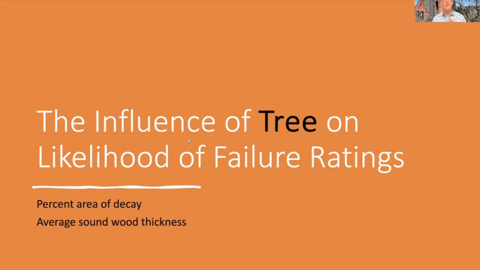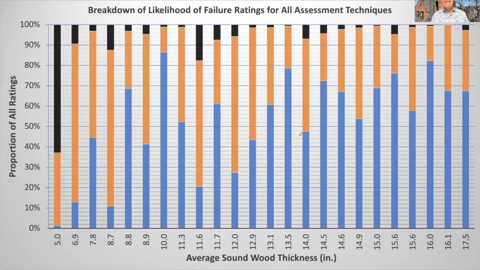And this, remember, is looking in more detail at both the percent decay, which shows up on the tomograms, as well as the average sound wood thickness, which shows up on the resistograph output. There are many more columns on this graph because these columns represent the average sound wood thickness of the different trees.